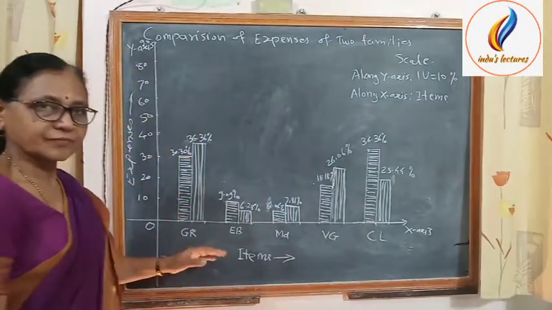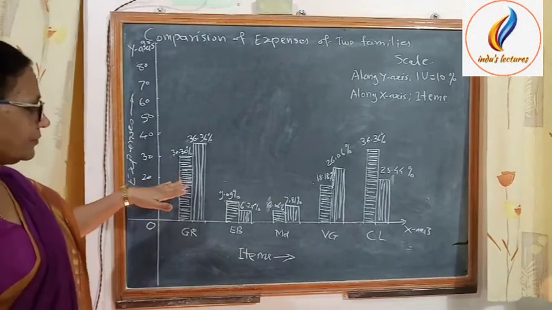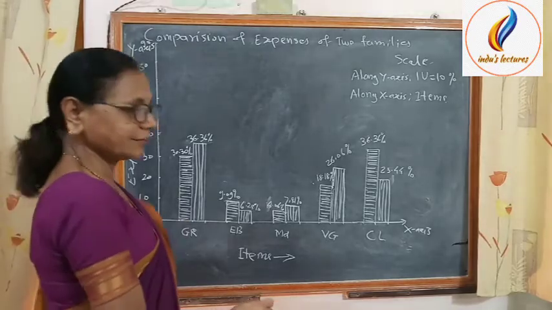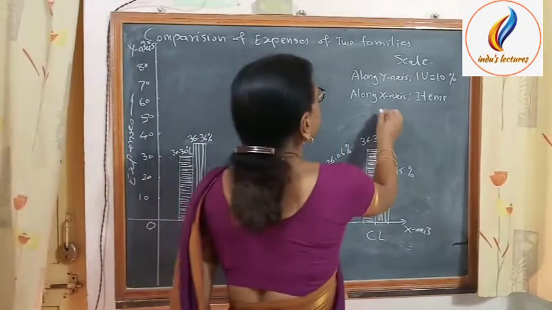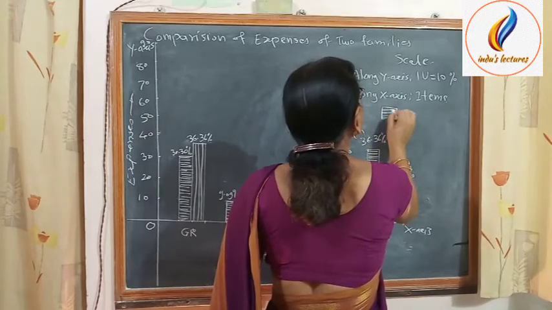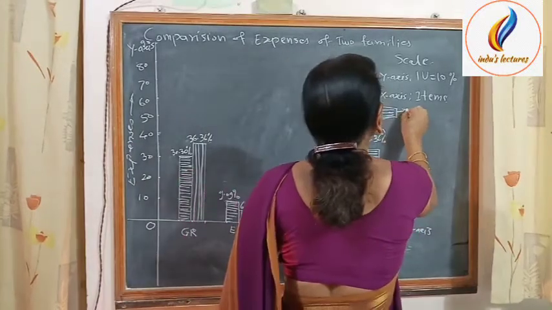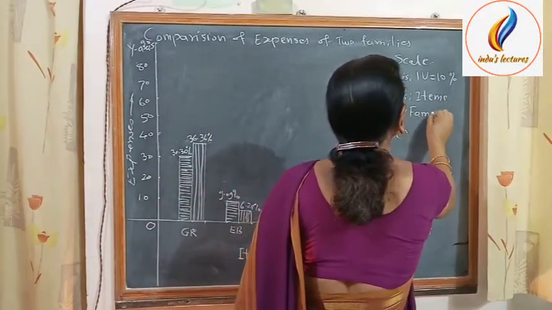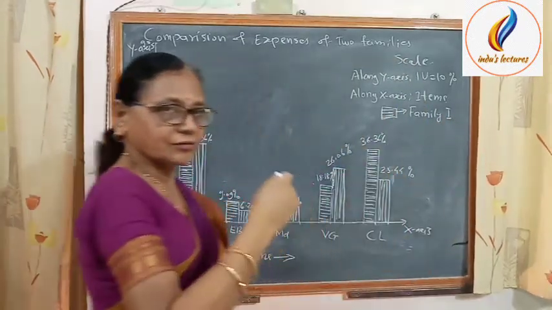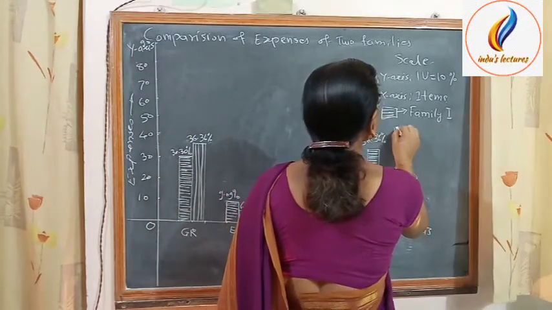In this way, we have drawn the multiple bar graph considering percentages. Here we also indicate the design. This type of design is used for the first family, say family 1, and the vertical lines are used for the second family.